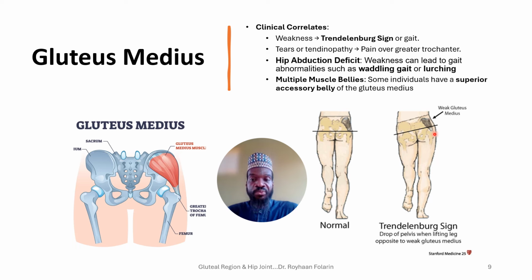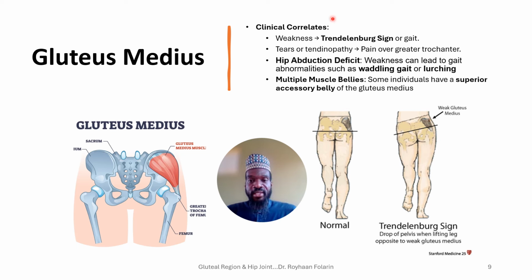A weakness in this muscle will also lead to a deficit in abduction of the hip or of the thigh, and that leads to a kind of gait known as waddling gait, as well as the lurching.